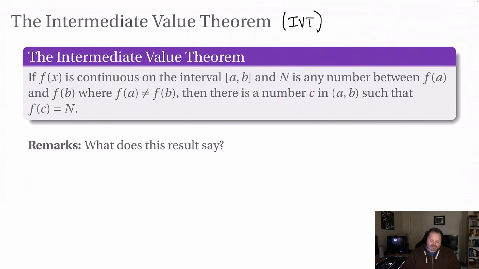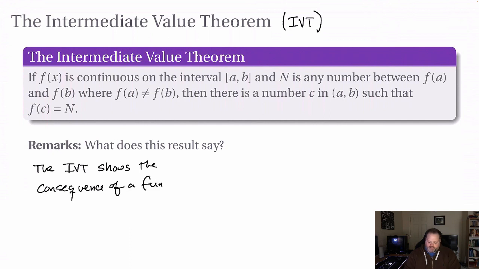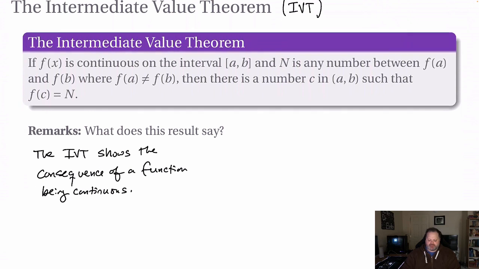So my remarks about this theorem are the IVT shows the consequence of a function being continuous. In other words, what can we count on when we know a function is continuous?